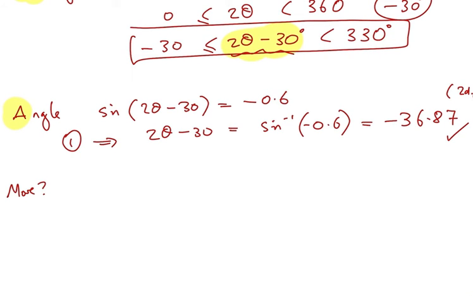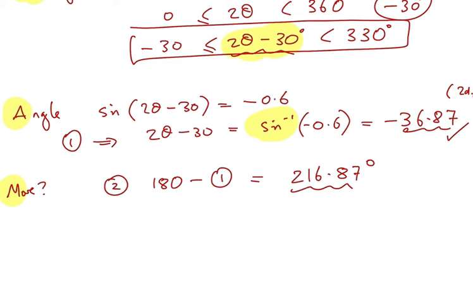Next, M for more. And remember, we need to do this step straight away. As soon as we've done inverse sine, inverse cos, or inverse tan, we need to do the more step straight away. So, how do I find my second angle? Well, hopefully you remember, for sine, I do 180 minus whatever my first angle was. And in this case, this is going to give me 216.87 degrees.